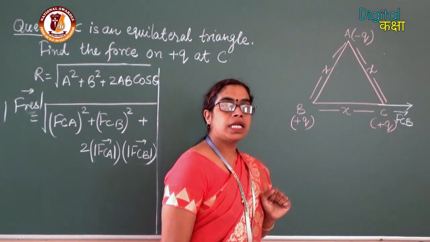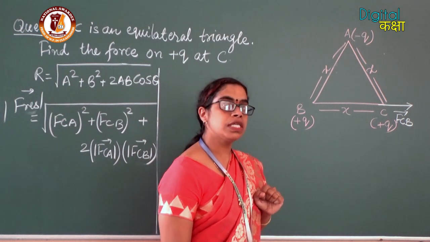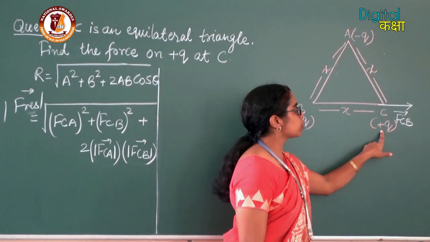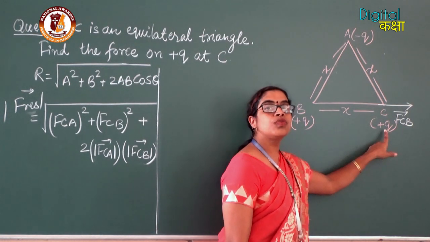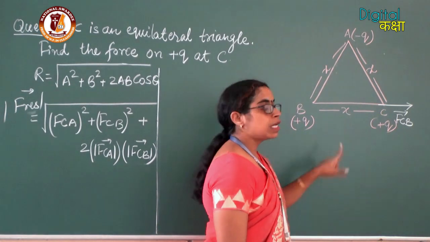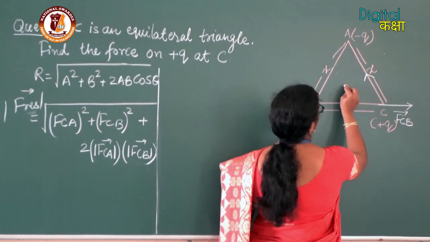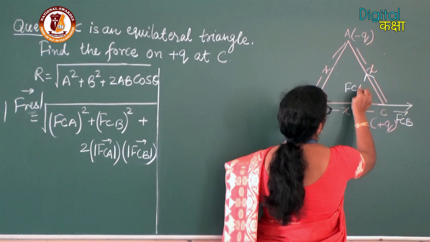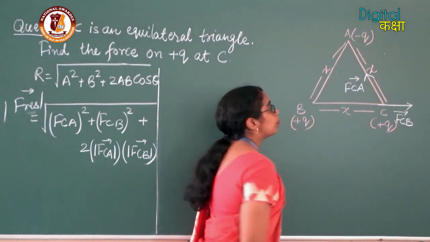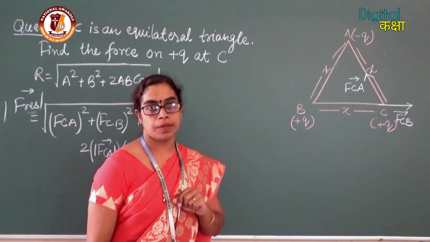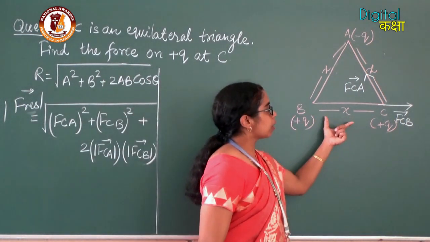So here the tendency of the negative charge is to attract this positive charge plus Q towards it, and hence the direction of the vector force, that is vector FCA, will be marked towards A. I am explaining again.